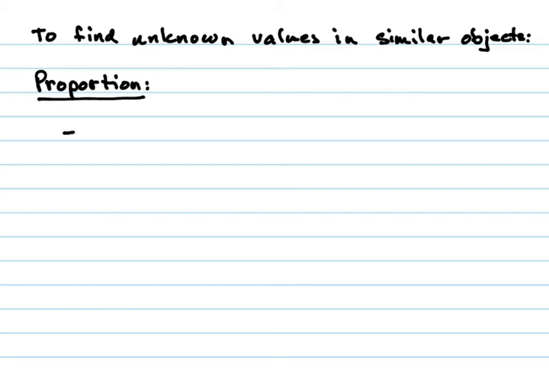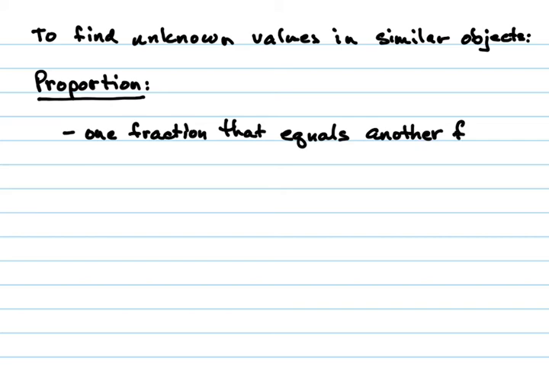A proportion is simply one fraction that equals another fraction. And we've already demonstrated that when objects are similar, the ratio of their lengths is equal. So the ratio of the long length came out to be 2 in the last one, right? And the ratio of the small lengths also came out to be 2.